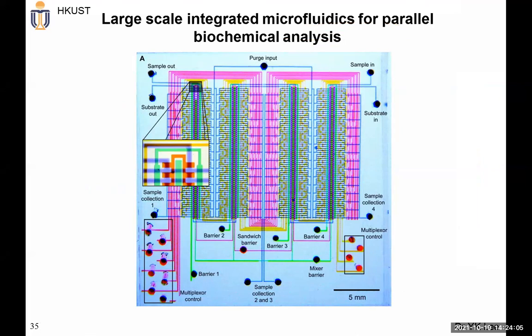Sometimes biochemical analysis requires mixing different reagents and chemicals, and with this kind of microfluidics, they are able to handle very complicated biochemical experiments on the chip level. That is something quite important.